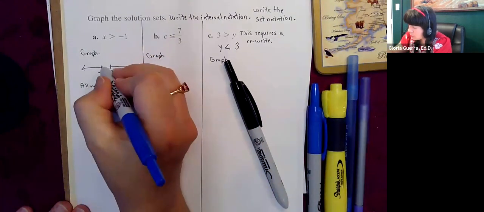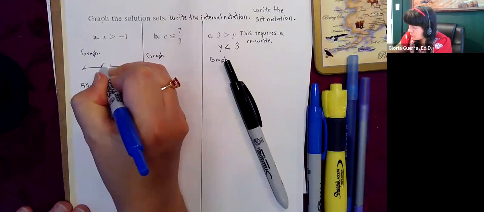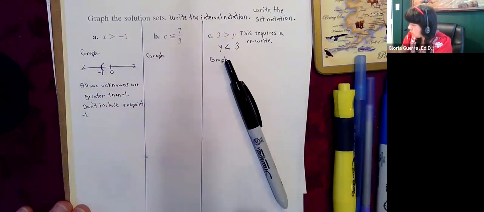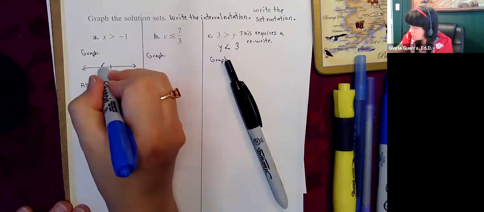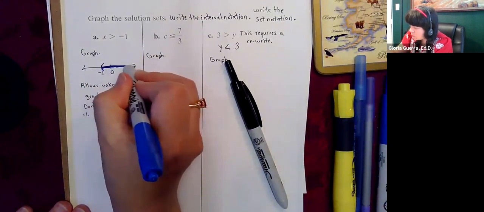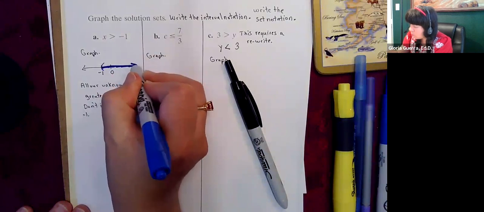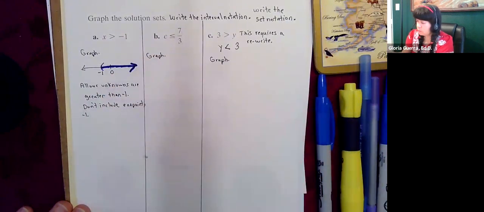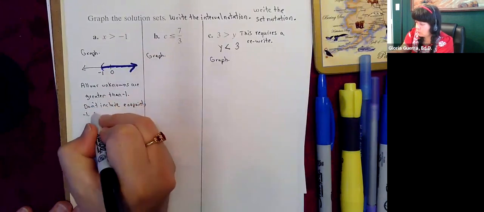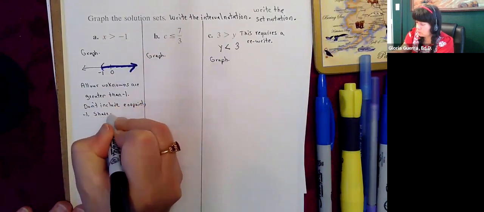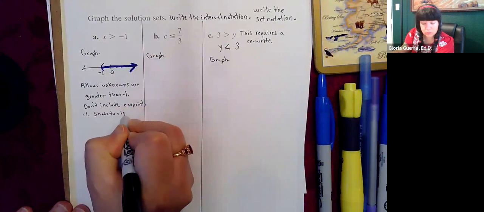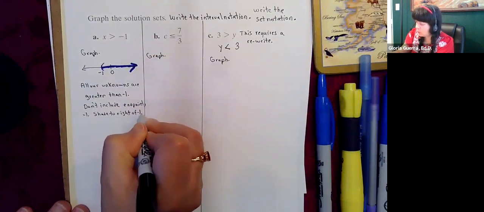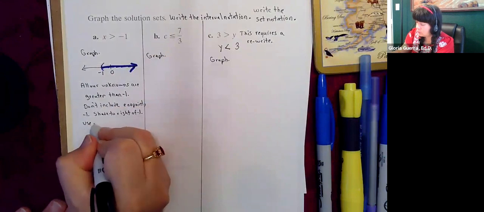So I'm shading to the right of -1, and I'm using parentheses.